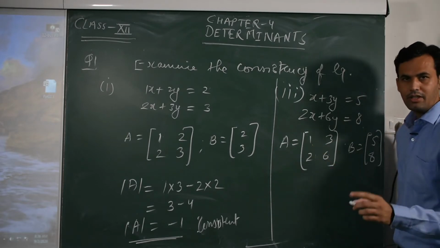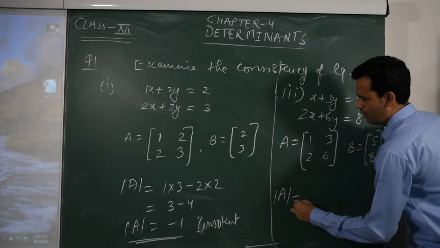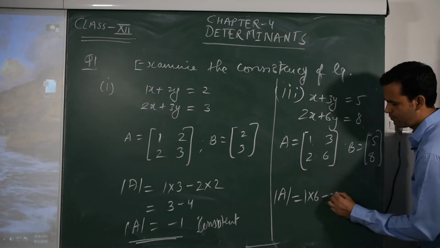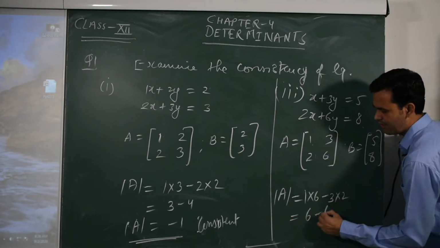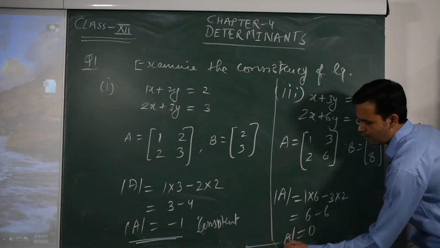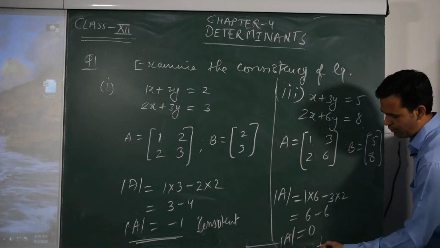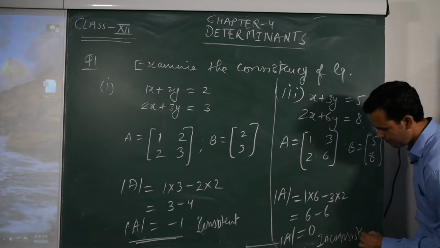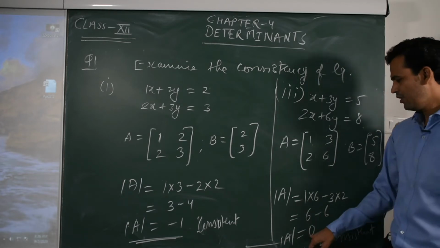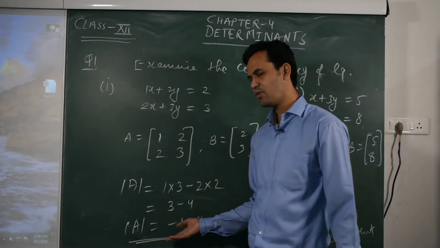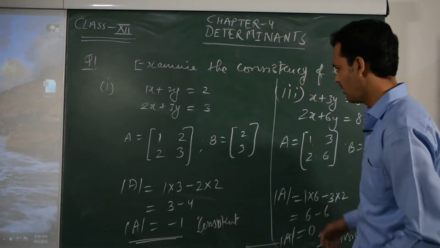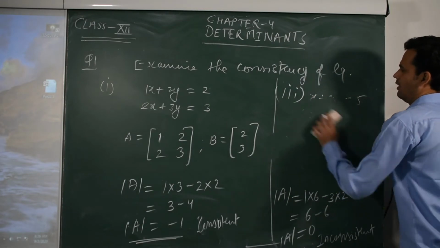So again we find determinant A. 1 into 6 minus 3 into 2. So 6 minus 6, 0. Value of determinant is 0, therefore the system of equations is inconsistent. So value 0 means inconsistent, and minus 1 means consistent.